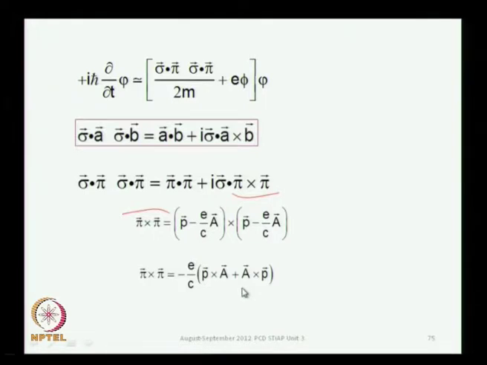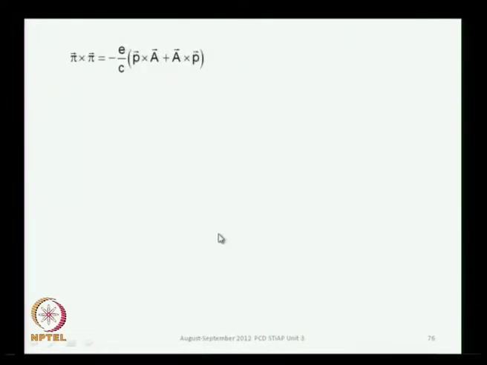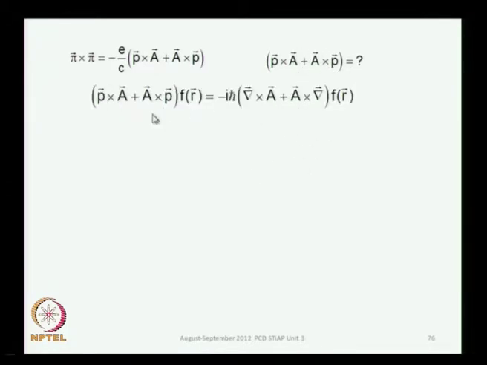So, this is the term that we will examine further, and we ask what this is. And to find out what it is, of course an operator, what we do is to operate on an arbitrary function f of space and analyze the result.